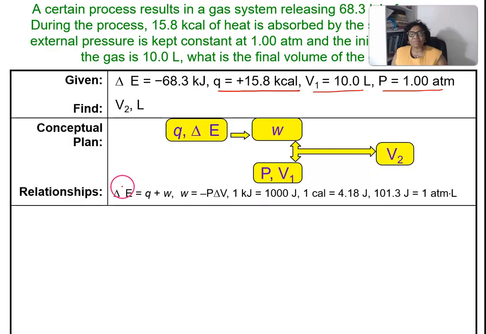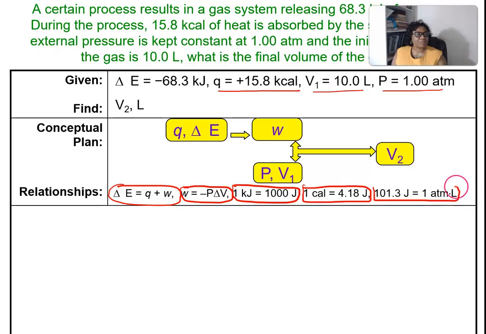So we are going to see our equations. This is the relationship between heat and work. This is the relationship between work, volume, and pressure. This is the conversion we are going to use to convert kilojoules to joules. This we are going to use to convert calories to joules. Then this we are going to use to convert joules to atmosphere liter.